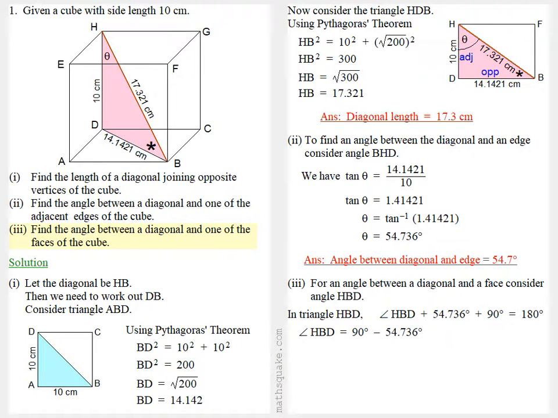So the angle HBD is equal to 90 minus 54.736, and so the angle HBD is 35.264 degrees, or rounding that off to 1 decimal place, the angle between a diagonal and a face is equal to 35.3 degrees.